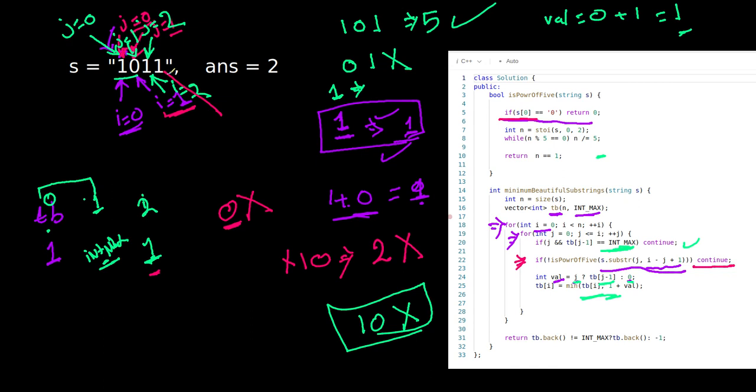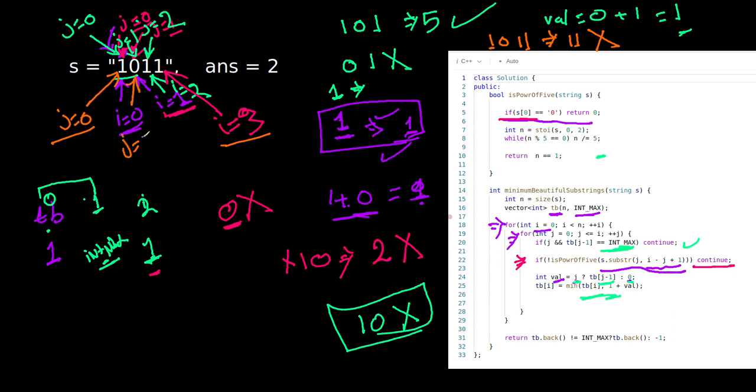We move to the last index, i equal 3: 0 1 2 3. Again we start with j equal 0. What is the substring between j 0 and i 3? It's the whole string 1 0 1 1. The decimal representation of this is 1 plus 2 plus 8, 11, and this is not a power of 5. So we continue.